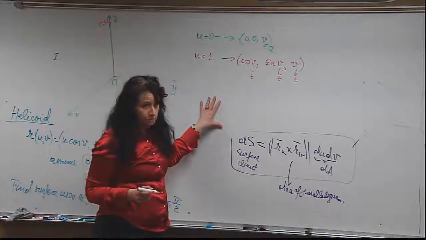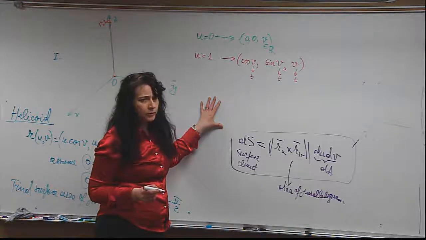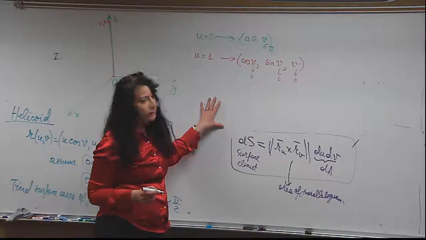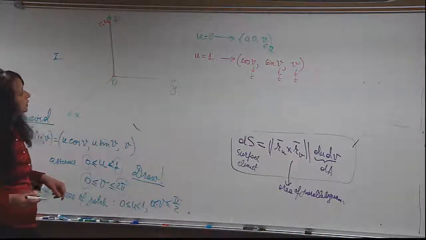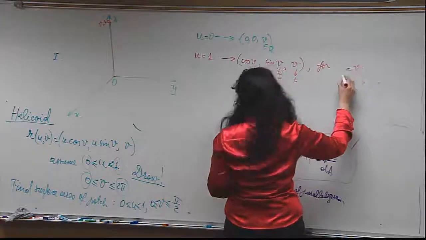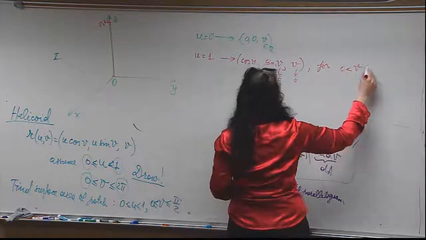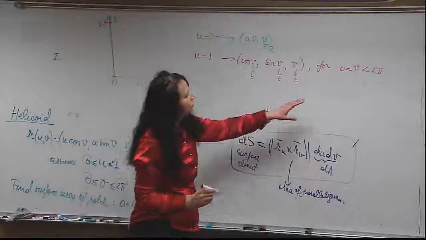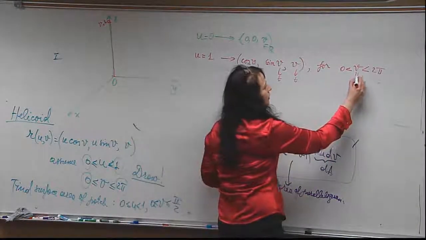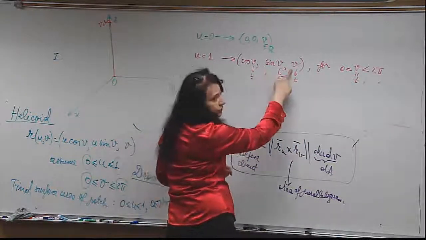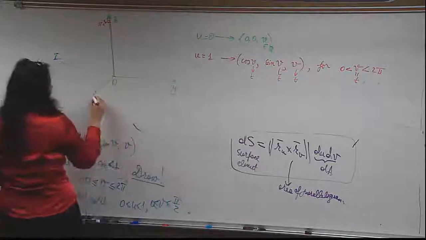Can I draw it? I better draw it, but I don't know how. So I have to think of drawing this for v between 0 and 2 pi. When I have time v equals 0, I have the point 1, 0, 0. And where am I? Here. 1, 0, 0.